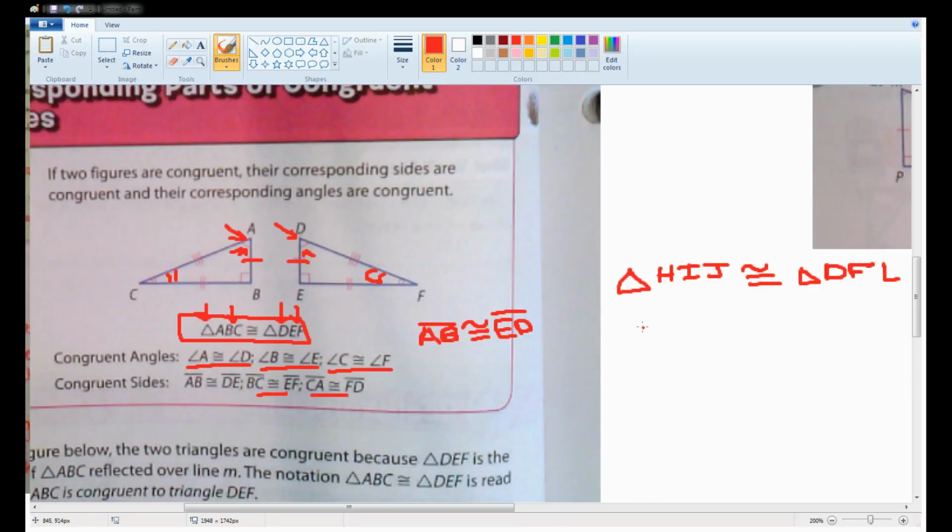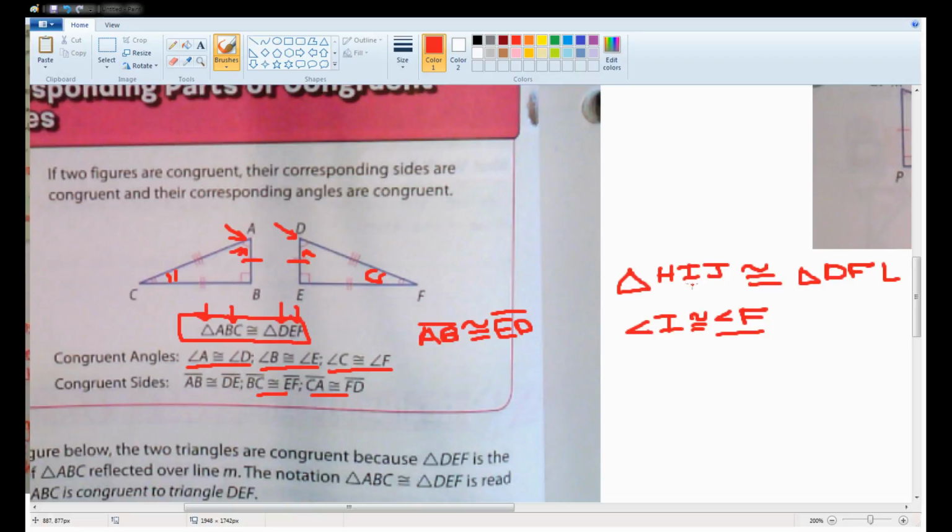So I want you to tell me what angle corresponds with angle I. You should have come up with angle F.